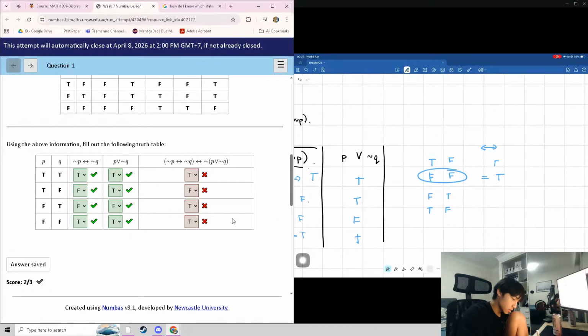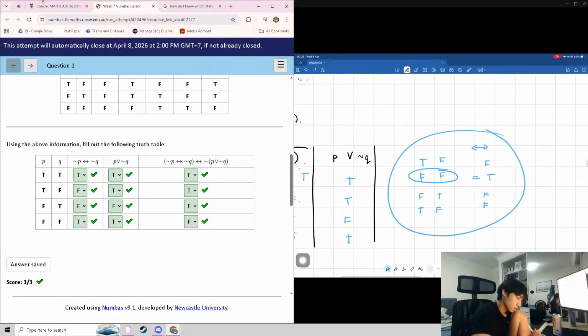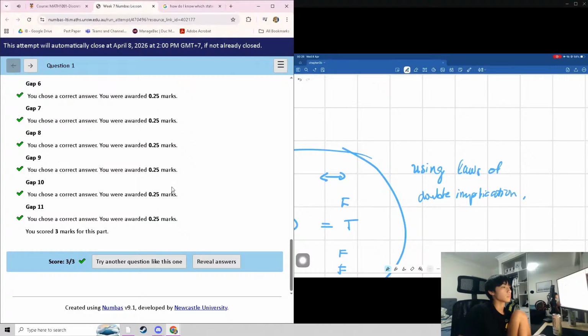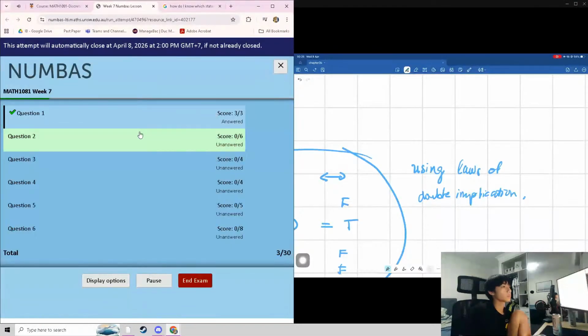So the rest needs to be false. I'm pretty sure that's how they wanted us to solve it. Yes. So using laws of double implication. Thank gosh. We are 1/10 of the way there.